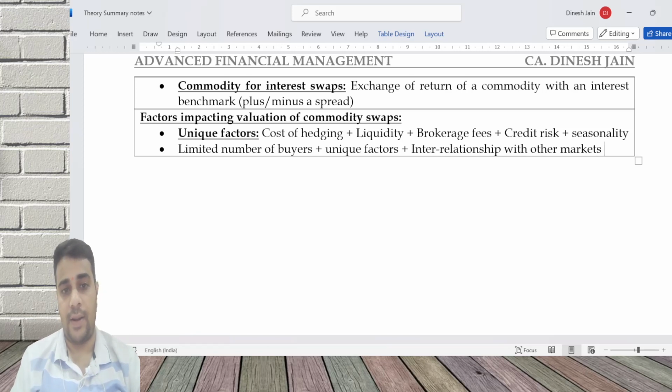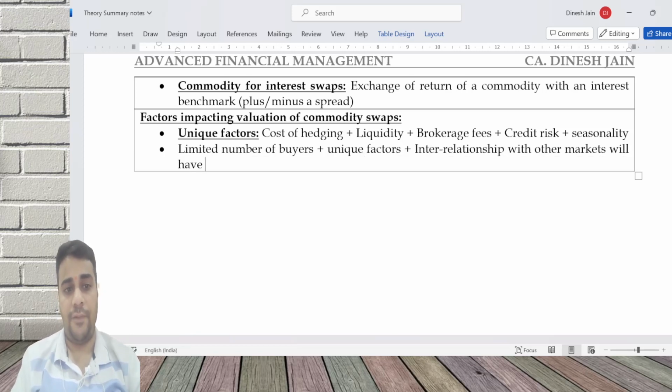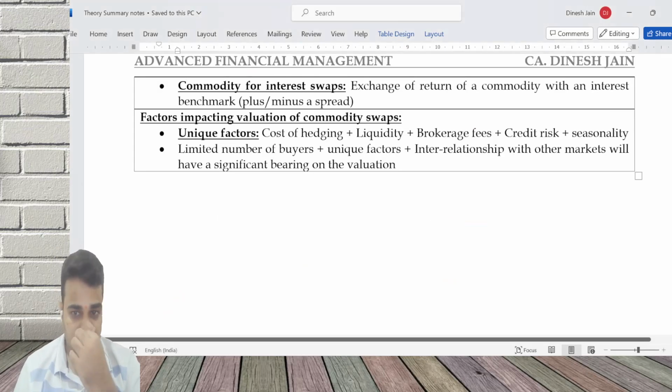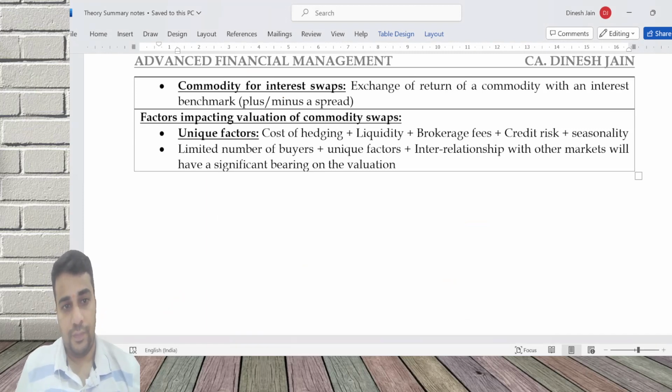Interrelationship with other markets will have a significant bearing on the valuation. Limited number of buyers, these are the unique factors which are there, and there is a lot of interrelationship.